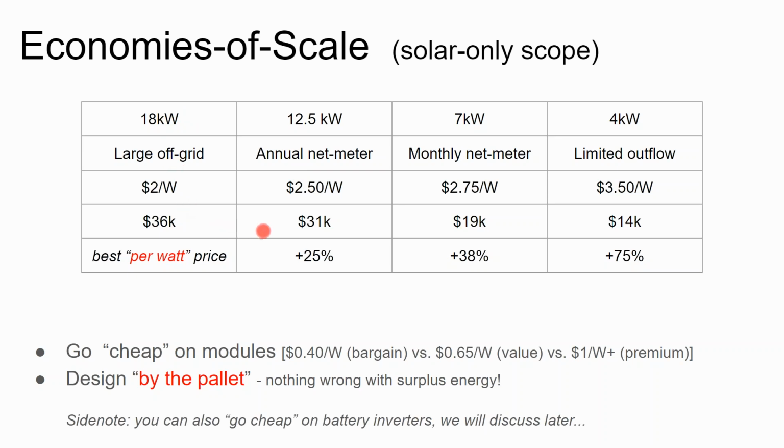We just talked about that earlier, but if you have the space on your roof, if you have the space on the ground, a pallet of solar panels costs around $4,000.